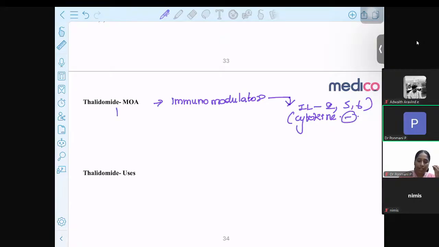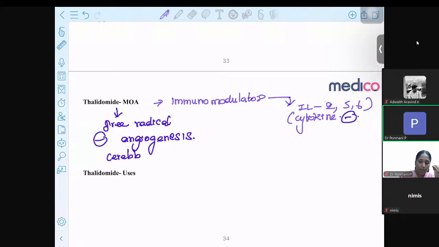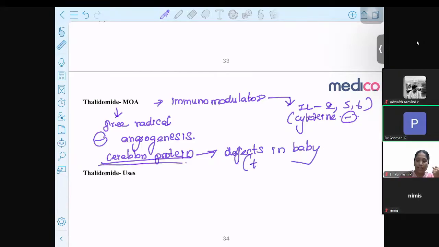In addition, it also causes free radical damage. It inhibits angiogenesis. And it promotes a cereblon protein. I will tell you what this cereblon is, okay? This cereblon is the main mechanism behind which it is causing the defects in the baby, that is teratogenicity.